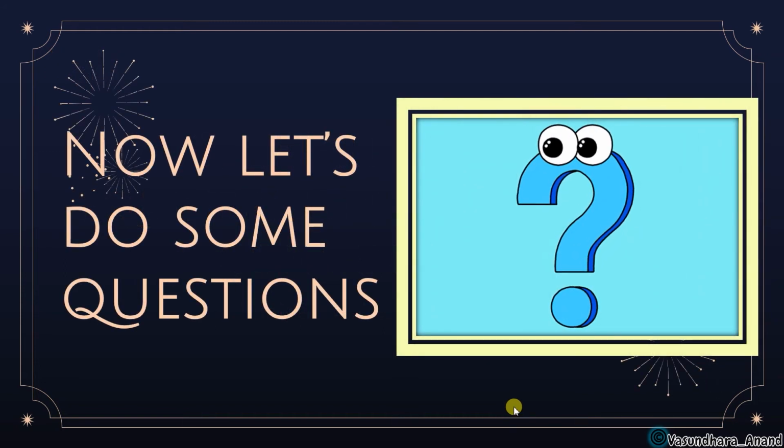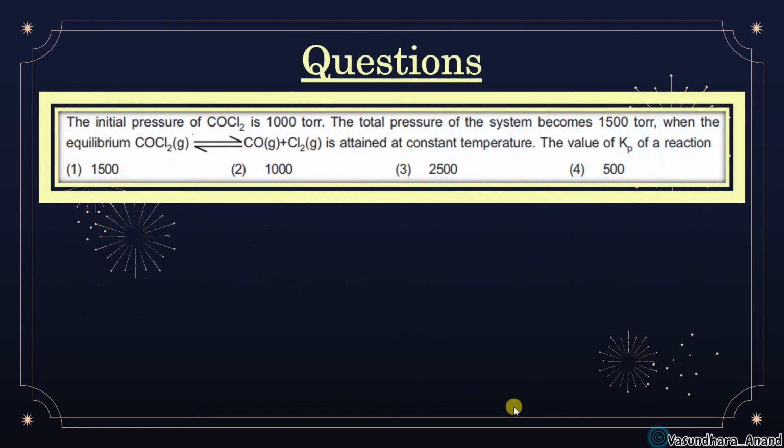And hearing the word question, we start wondering what to do and how to do it. Okay, so here is the question: the initial pressure of COCl2 is 1000 torr. The total pressure of the system becomes 1500 torr when equilibrium is attained at constant temperature. Find the value of Kp of the reaction.